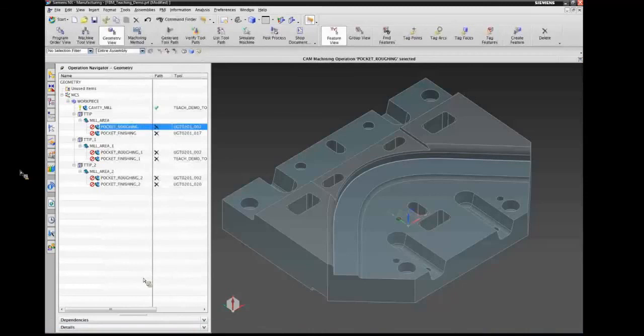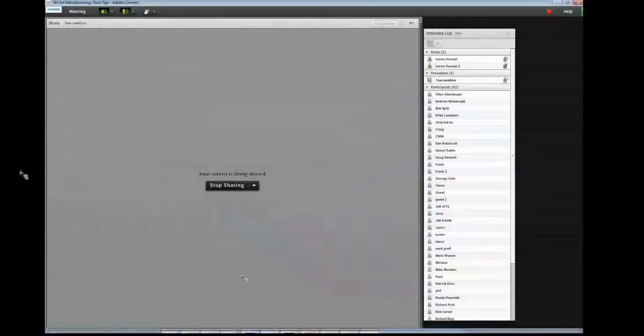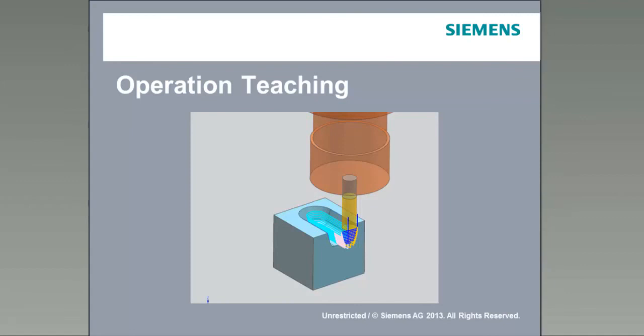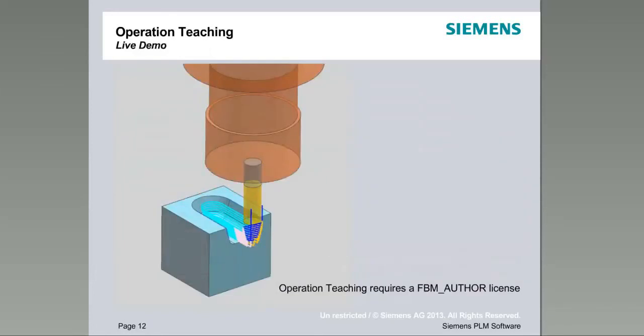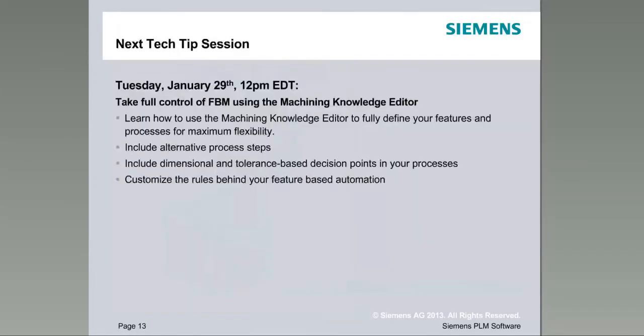So with that, I'm basically at the end of my demonstration. We can go back and stop sharing. Maybe go back to the PowerPoint for one last summary slide. So we've done feature teaching, we've done operation teaching, and we've basically seen that that too is an admin job. I picked some operations, automatically created the rules. I did that in the demo, and just want to point you to the next session, the last session in this series of 3, where we go into more depth on the Machining Knowledge Editor.